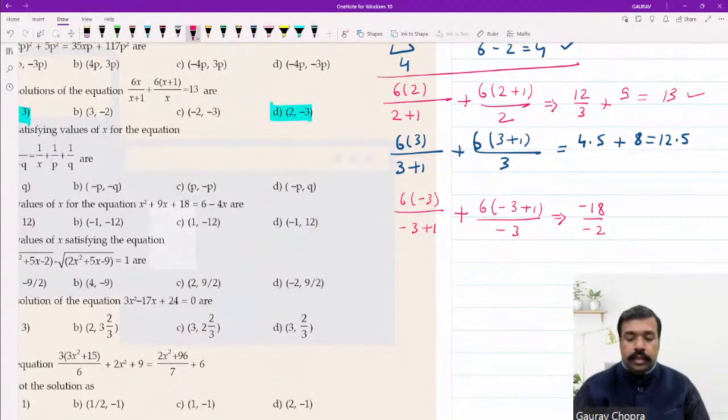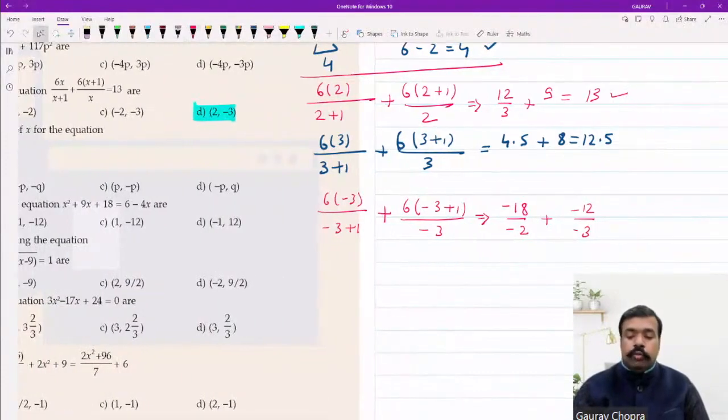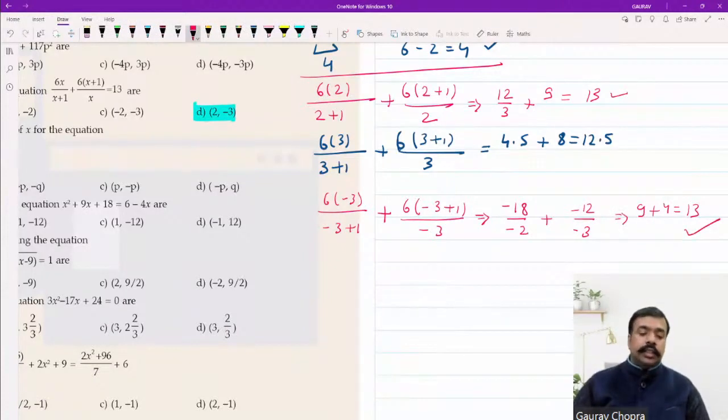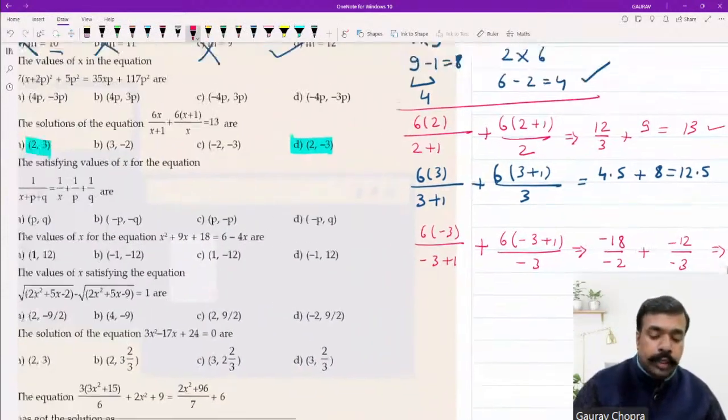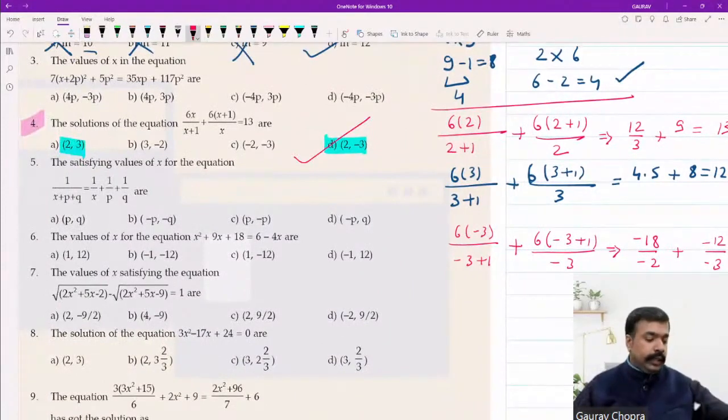And then again, we are having 6 into minus 2, that is minus 12 upon minus 3. So from here, we are getting 9 plus 4, that is 13. Yes, 13 is we are getting from option number D. Hence, option number D will be correct.